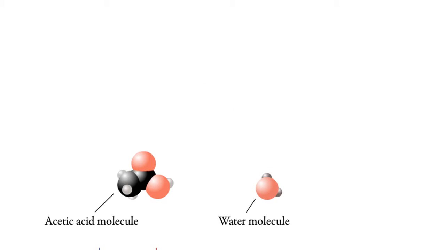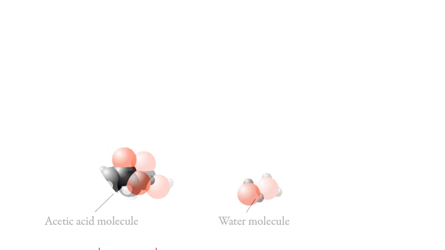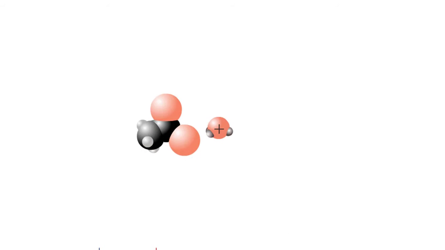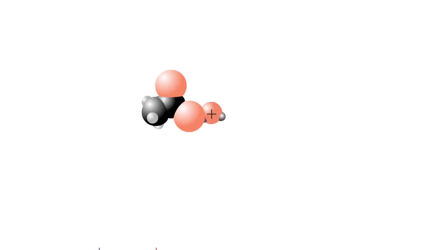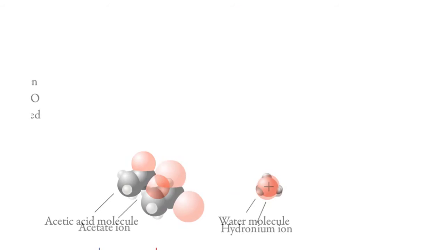In a change that is similar to the reaction between HCl and H2O, when HC2H3O2 molecules collide with H2O molecules, an H+ ion can be transferred from each HC2H3O2 molecule to an H2O molecule, forming a hydronium ion, H3O+, and an acetate ion, C2H3O2-.